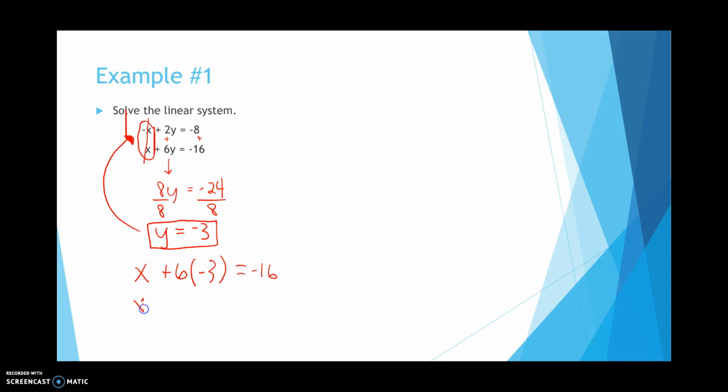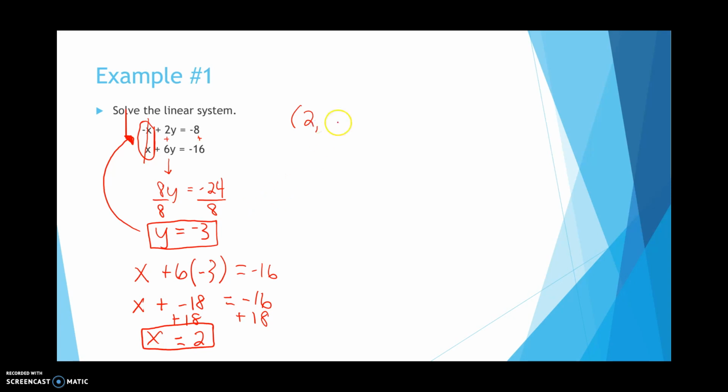So we have x plus 6 times negative 3, which gives me negative 18, equals negative 16. I'm going to add 18 to both sides to solve for x. And I'm going to get x equals negative 16 plus 18, which gives me positive 2. So x is going to be 2.